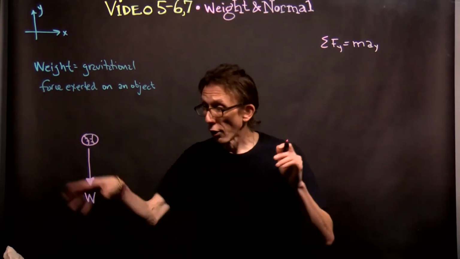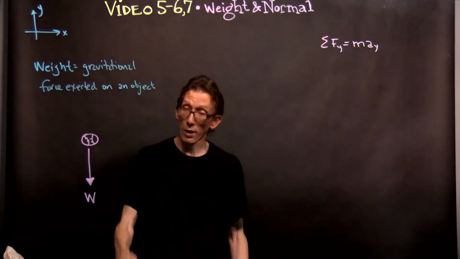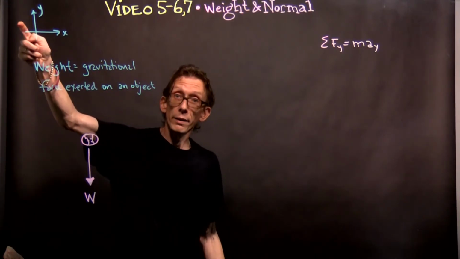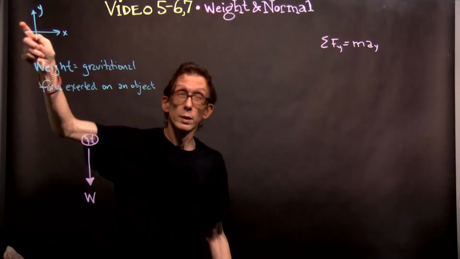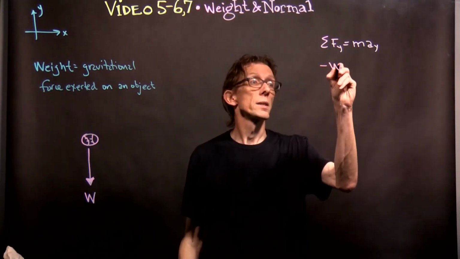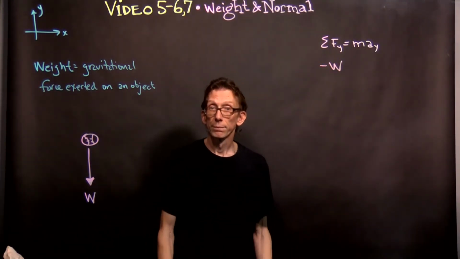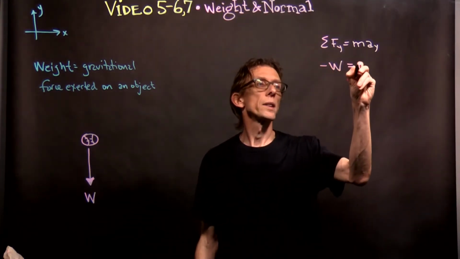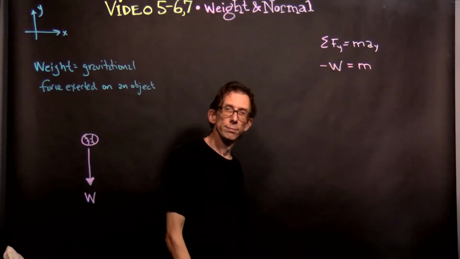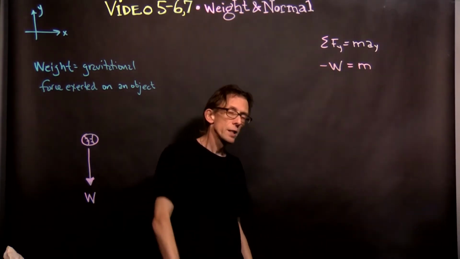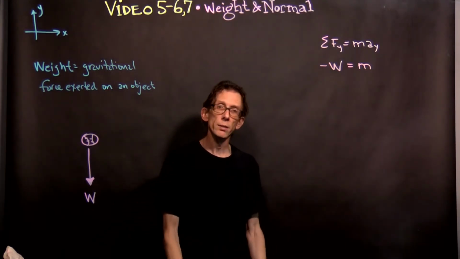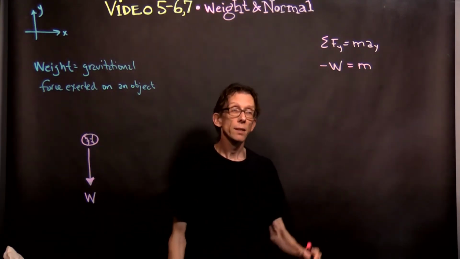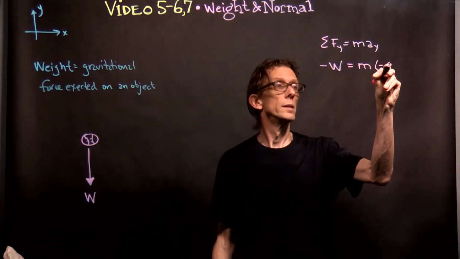So, what are all the forces acting here? All the y forces? Well, there's one force, it's weight, and it's down. Up's positive, down's negative, as per usual. So our force is minus W. That's it. That equals mass times acceleration. What's our acceleration? Object falling freely in space. Free fall. If up is positive, as it is, acceleration is minus g.